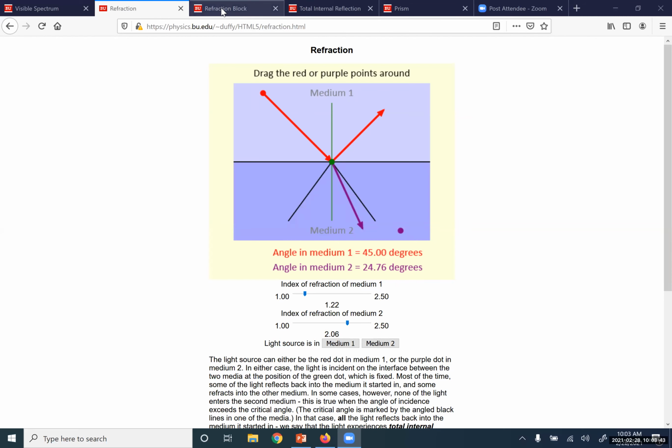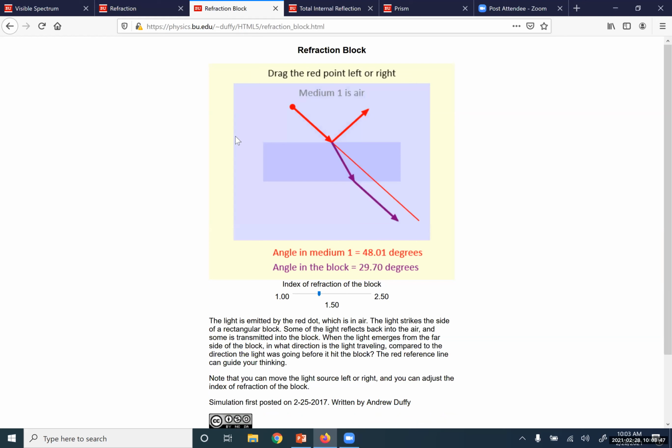Then I could show you the other simulation. Here, the first medium is air, light enters from air, then enters into glass, say for example, then again comes back into the air medium. So in this scenario, for example, the refractive index of this block of glass is 1.5.